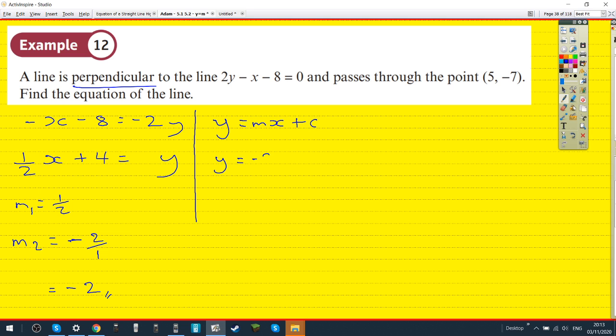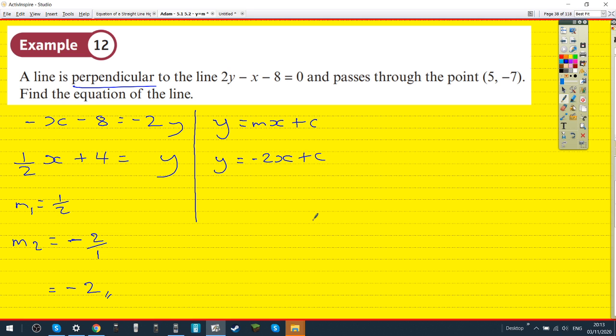Okay, so we still need C. Isn't C just minus 7? C is the y when x is 0. When x is 5, y is minus 7.